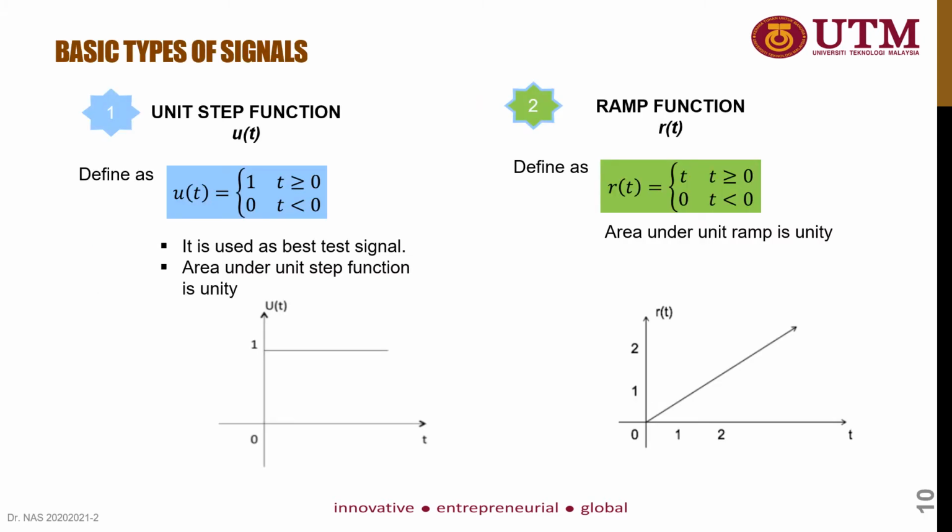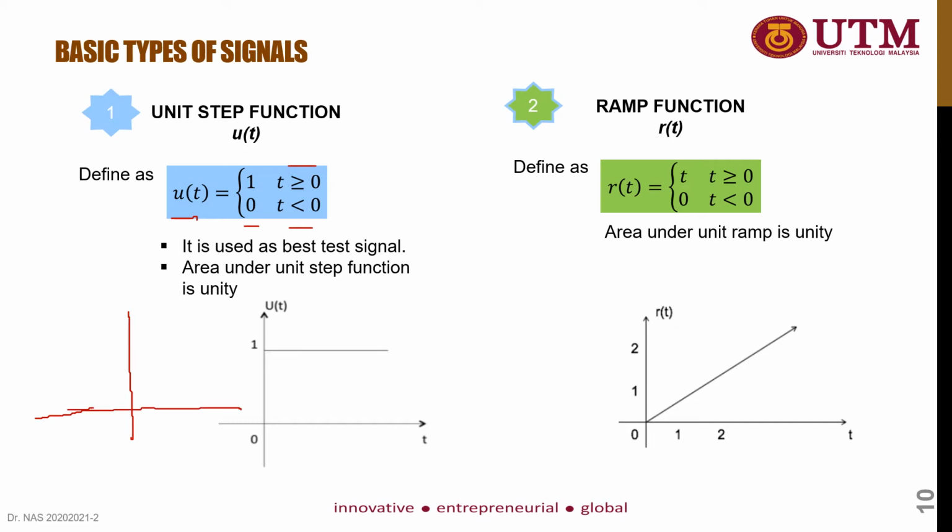What is the unit step function? The unit step function is given by u(t). The amplitude is 0 when t is less than 0, and the amplitude will be 1 when t is larger than 0. This is the y-axis and this is the x-axis.